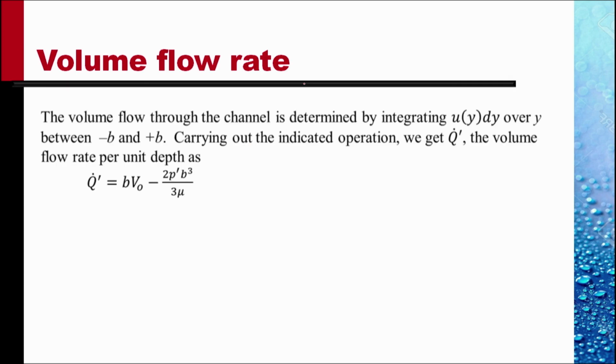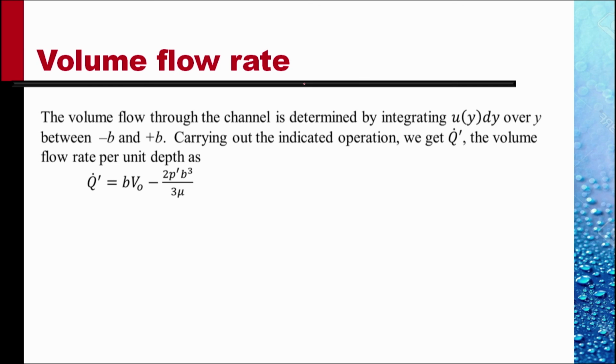The volume flow rate through this channel is determined by integrating u dy over y between minus b and plus b. Carrying out the integration, we get q dot prime, that is the volume flow rate per unit depth, as b V naught minus twice P prime b cube by 3 mu.